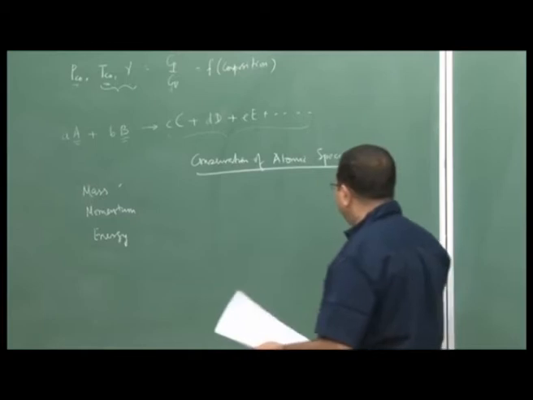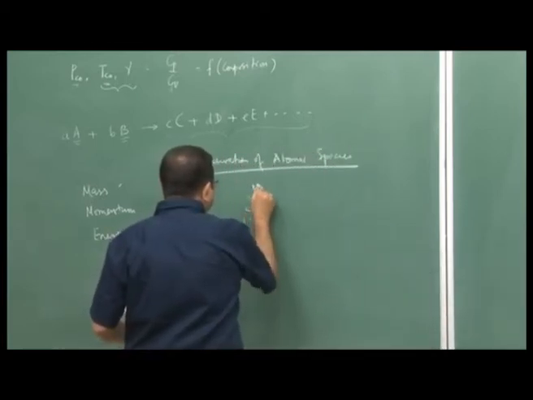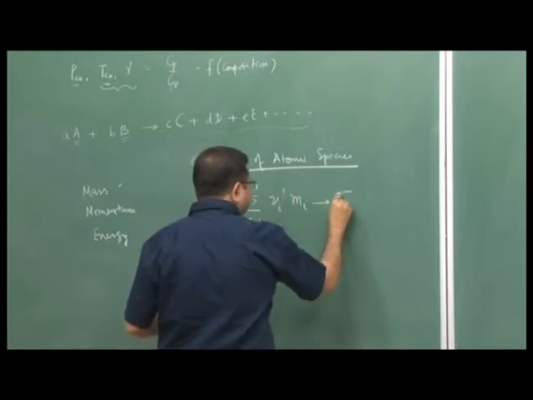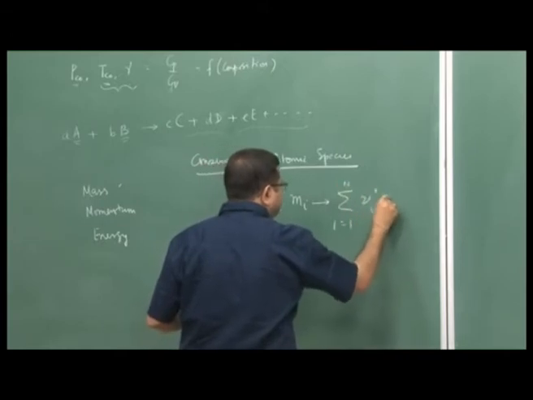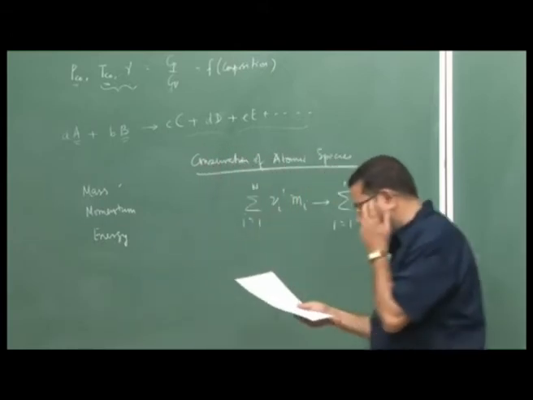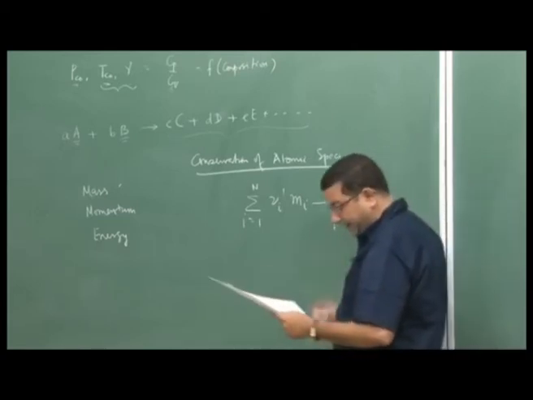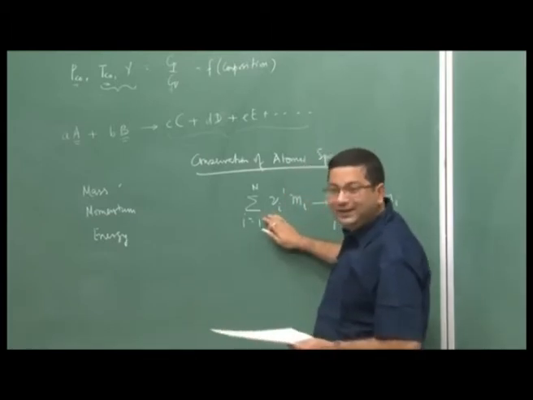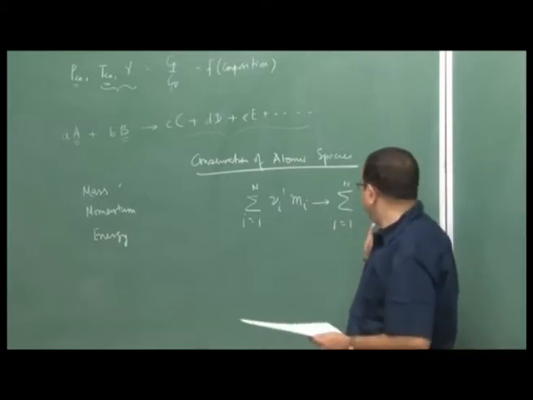So, if I consider a generalized chemical reaction, let us say there is a generalized chemical reaction, actually a series of reactions, there are many reactions in this, n reactions in total. Here this side represents the reactants, this side represents the product. So, left hand side is reactants, right hand side is product.